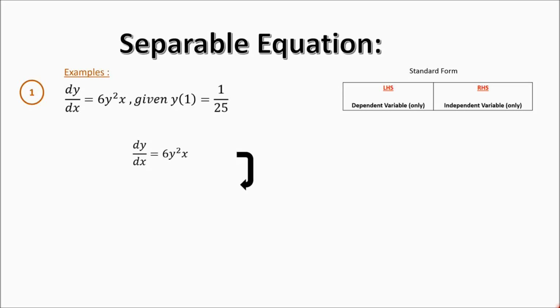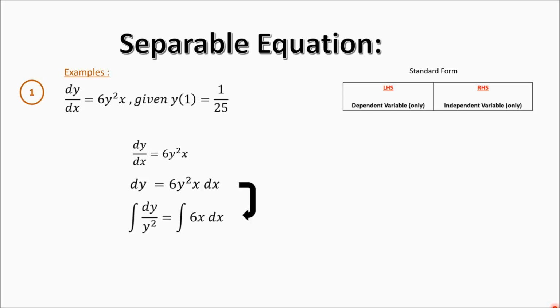After shifting, we get a new equation. We can go ahead now and shift the y squared to the left hand side. After doing those shifts, we get a new answer.